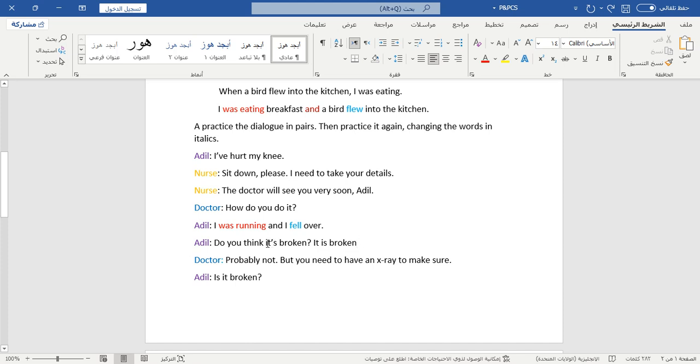It's an abbreviation of it is broken. It's broken. To be fluent in speaking, it's broken. Okay. What is it? It is the verb to be plus the third form of the verb, the participle, broken. Okay, and with en.